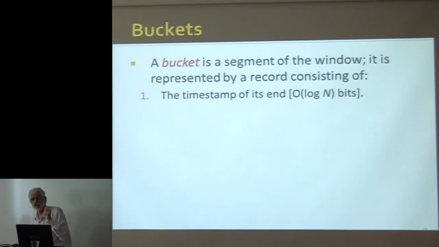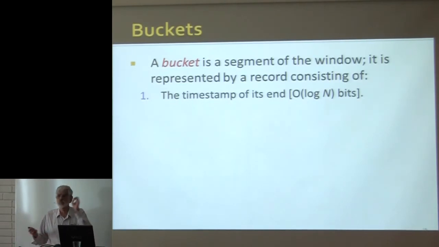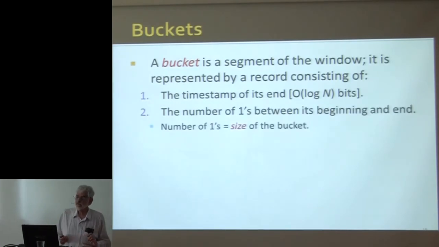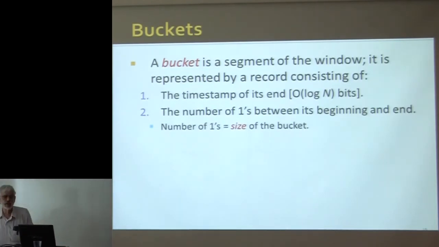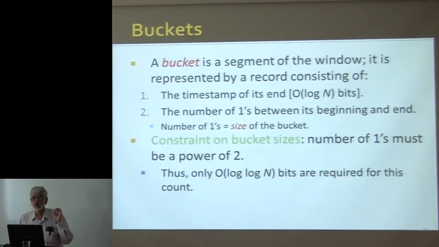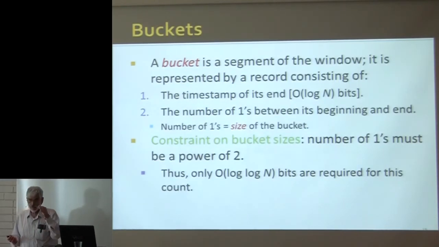Okay, so the bucket will consist of the timestamp of its end, and that again was modulo n, so it's going to be log n bits. And the number of ones between the beginning and the end of the bucket. And by the way, the number of ones in a bucket is always a power of 2, and therefore you can represent the number of ones in a bucket by the power of 2.